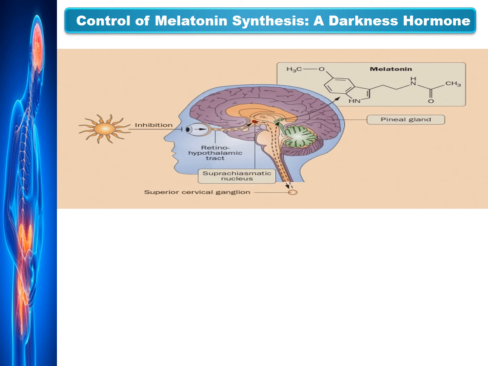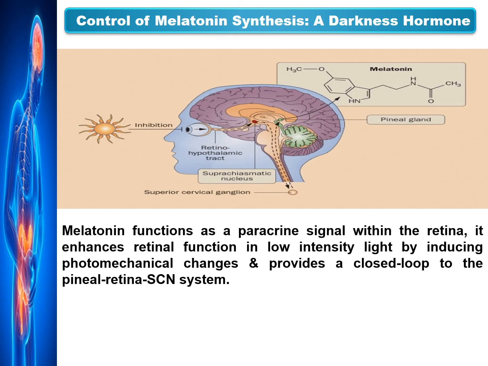Now, a question arises in our mind: how does the control of melatonin synthesis take place? This control of melatonin synthesis takes place by a closed loop to the pineal retina suprachiasmatic nucleus system. Actually, what happens? Melatonin functions as a paracrine signal within the retina.